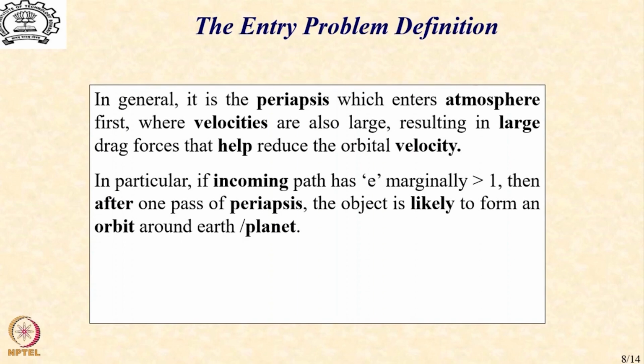So I will not spend too much time on it, but I will just make a mention that this is the parameter which is under the control for an entry object and can be designed suitably such that the moment it hits the atmosphere, it will never go out of the atmosphere again, as it would form an orbit and then it would keep cycling around that planet.